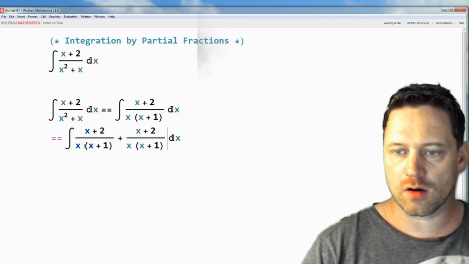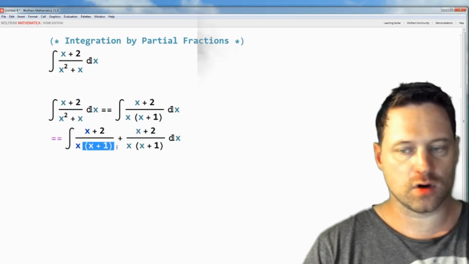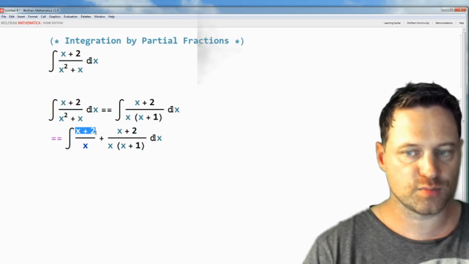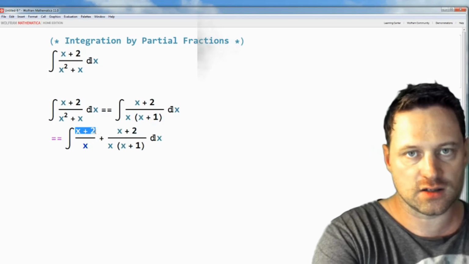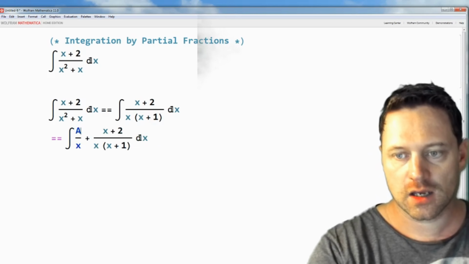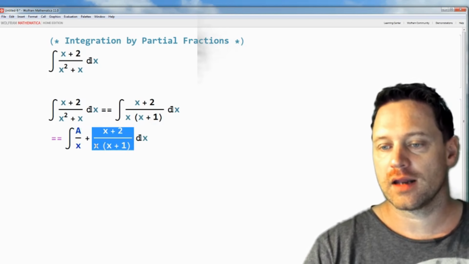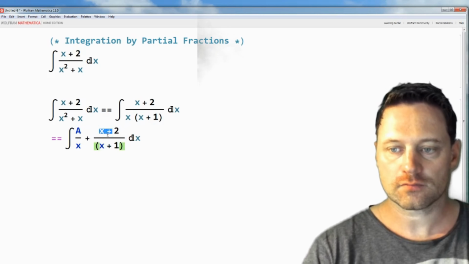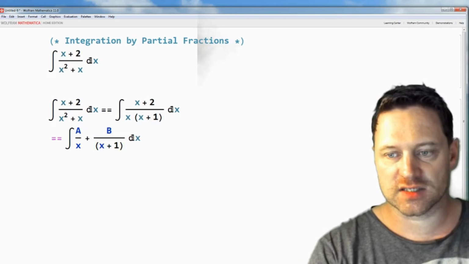Okay, now on the left I want just x, and I'll have to put a numerator of something I don't know yet, so I'll just call it A. A is a function of x. Now on the right I'll have B over x plus 1.